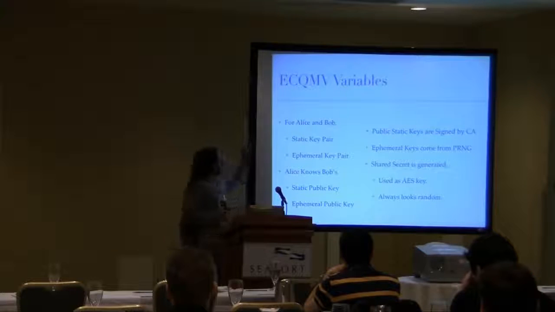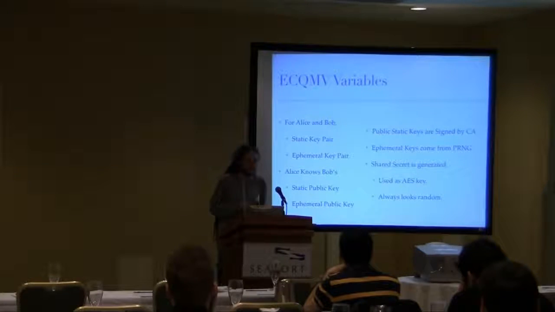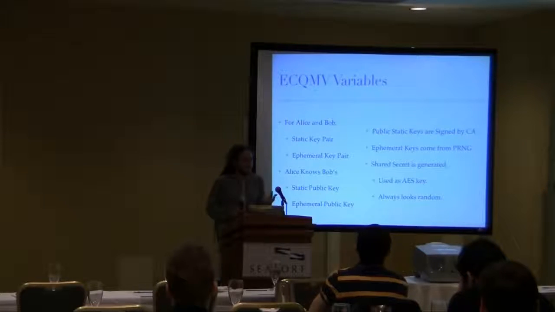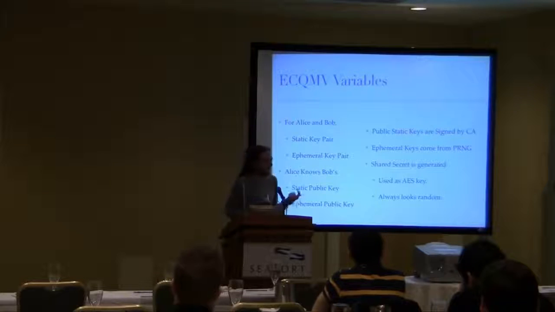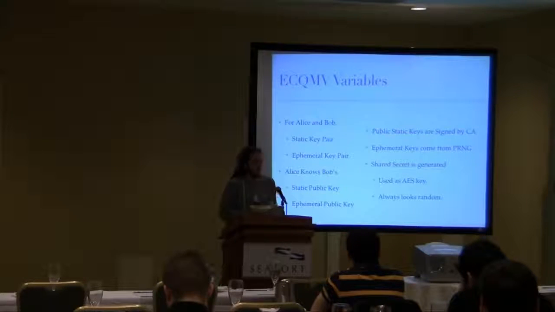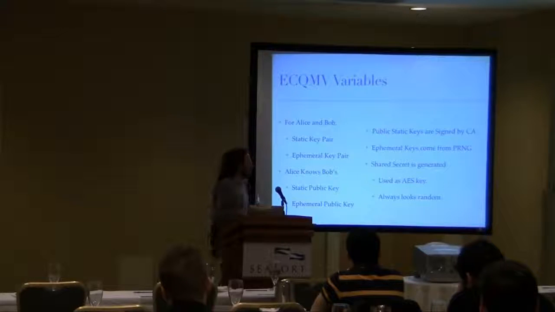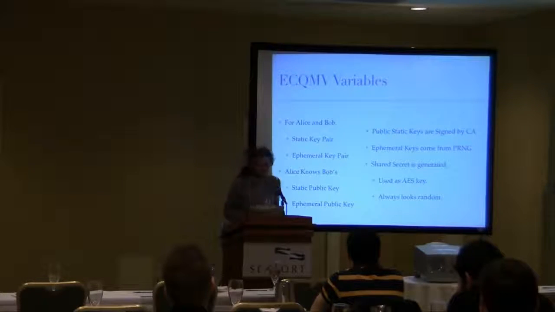So in the case of Alice and Bob doing a key exchange, they each have a static key pair which is shipped with them from the factory. And this is generated on a server in the sky, the same way you'd buy an SSL certificate. You also have to purchase these from Certicom.